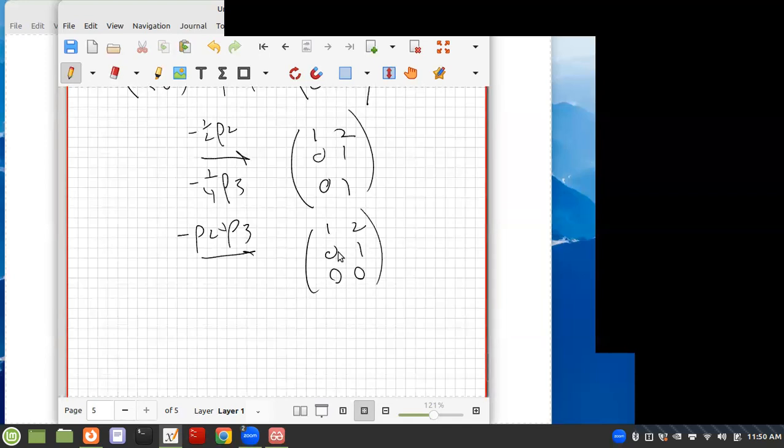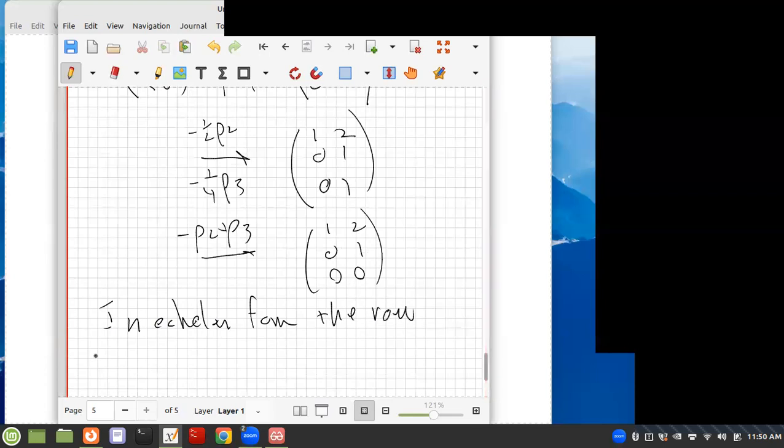And in echelon form, the row vectors are linearly independent.